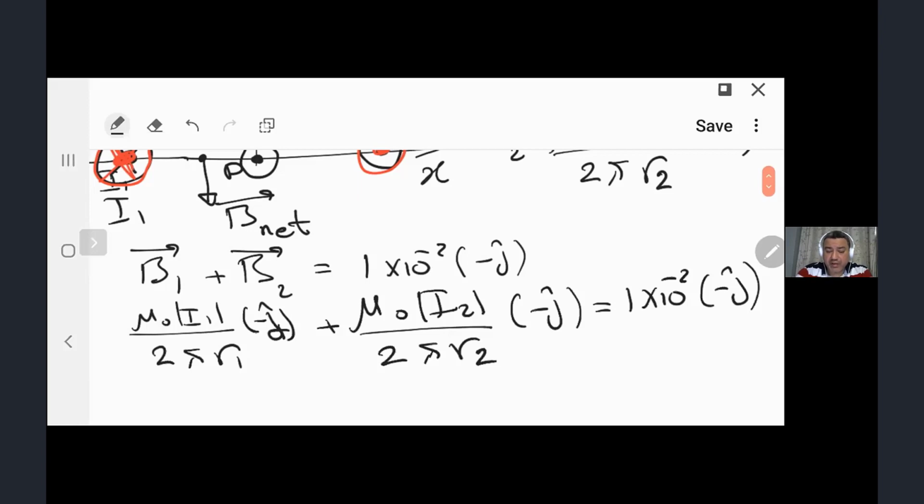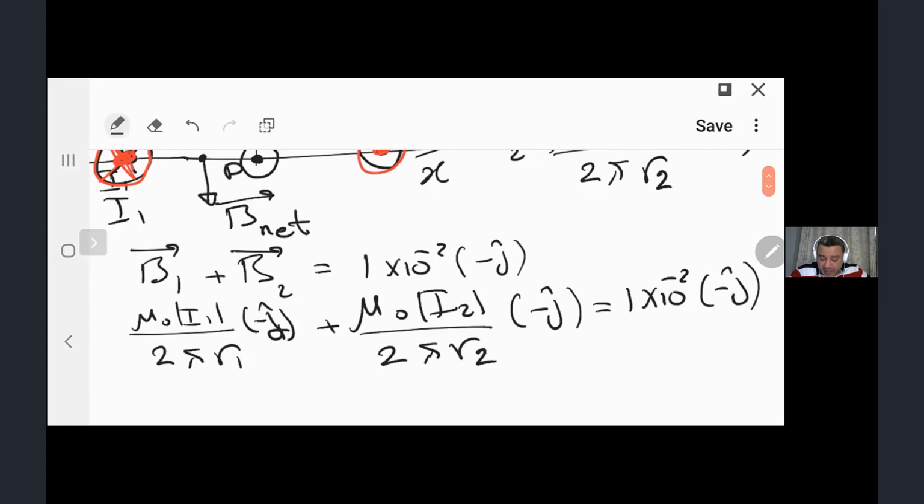Yes, they are magnitude wise equal but opposite in the direction. That's why I wrote them as magnitude. So magnitude wise they are equal. The direction wise is going to be interpreted as I said, I moved the sign to the unit vector. So the unit vector now is the one that is responsible for the sign.